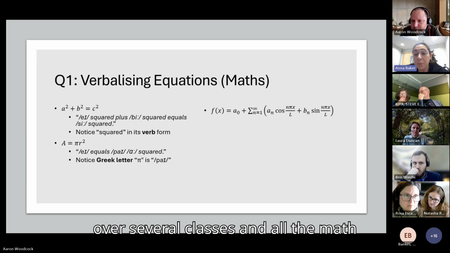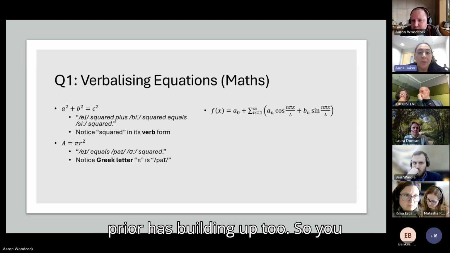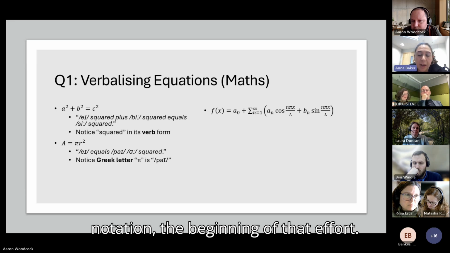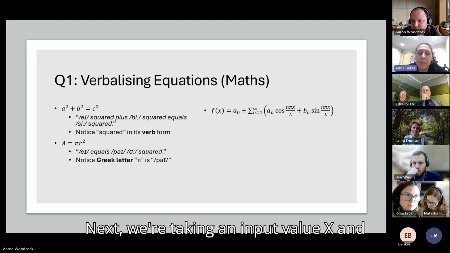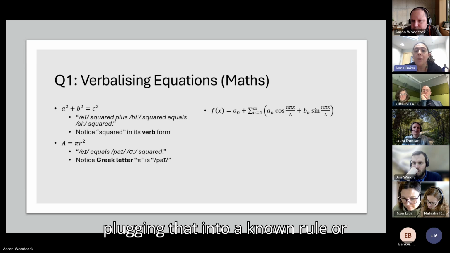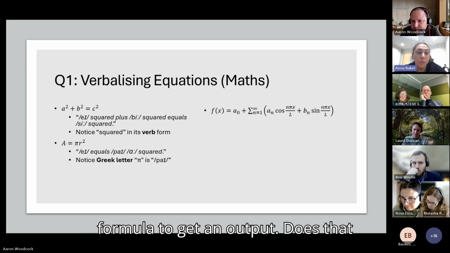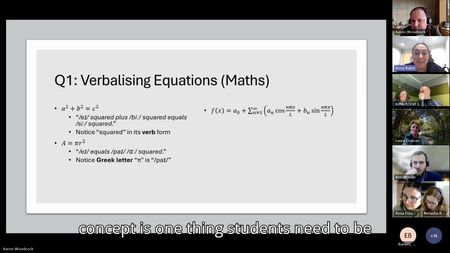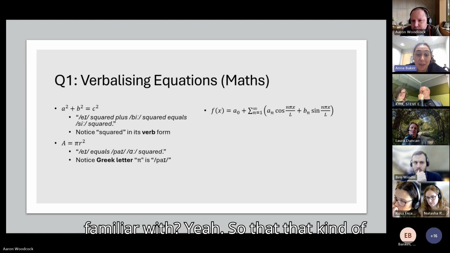That's right, and all the maths prior is building up to it, so function notation, f of x, we're taking an input value x and plugging that into a known rule or formula to get an output. So just that concept is one thing students need to be familiar with.